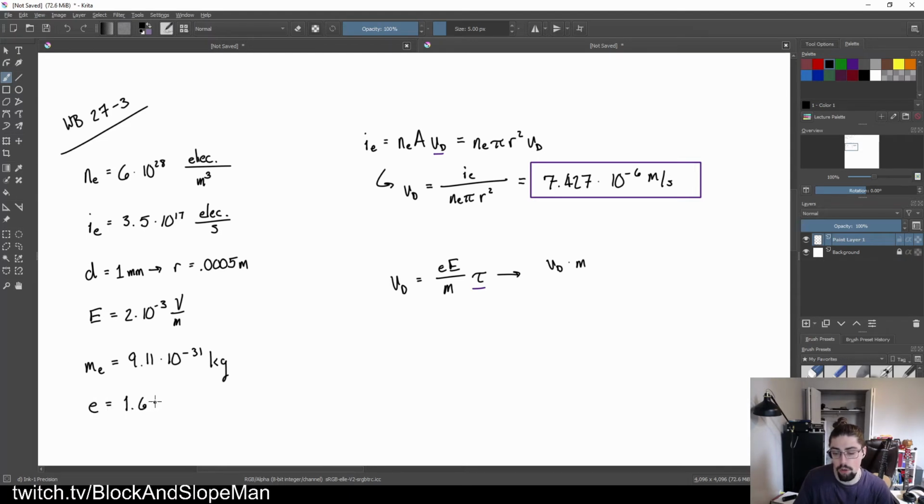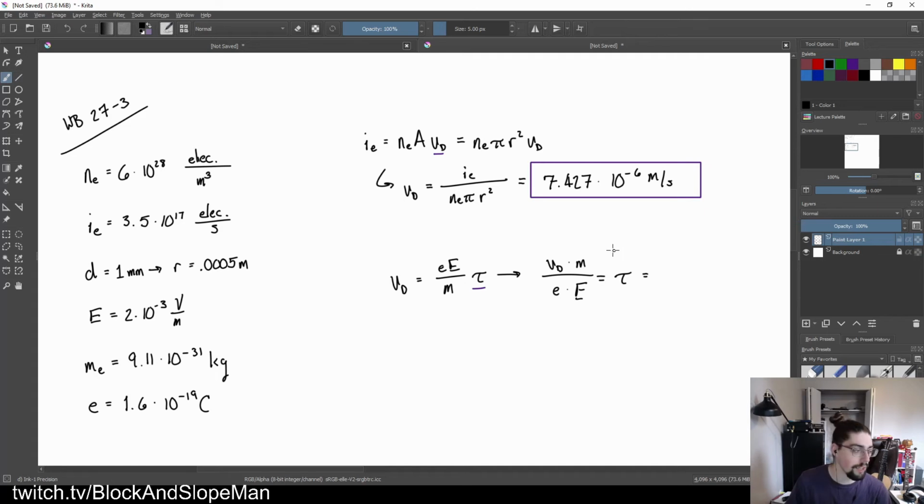I'm going to say we don't need to worry about the fact that it's negative, because it doesn't make any sense to get a negative time. This is looking at the magnitude of the acceleration only, so the magnitude of the speed only. I'm not very interested in negative signs right now, so we can safely ignore that one for the time being. Divided by e times E. All of this is equal to the mean time between collisions, tau.